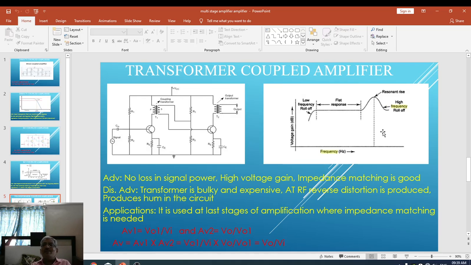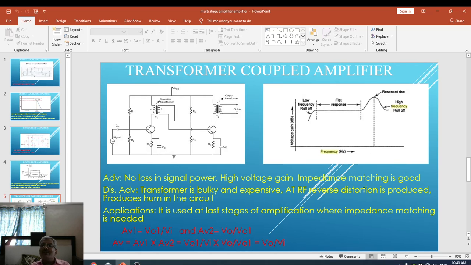Here also take the maximum gain and multiply it by 0.707, as we did in the RC coupled amplifier. You will get a particular point on the gain axis. Draw a line parallel to the frequency axis and you will get two points.